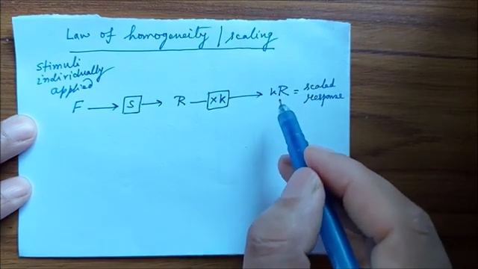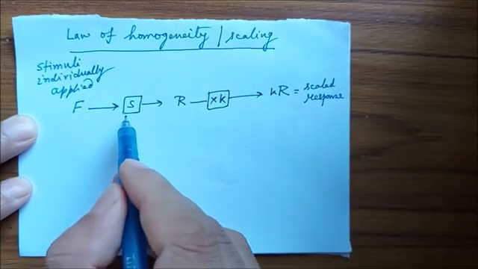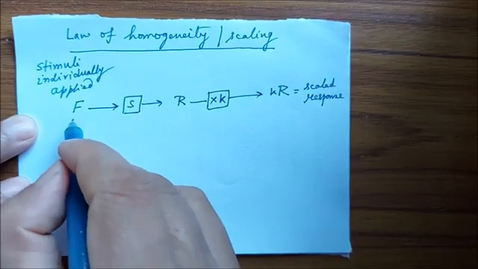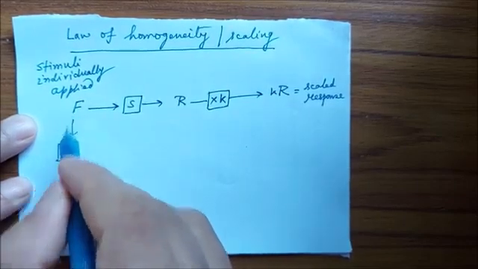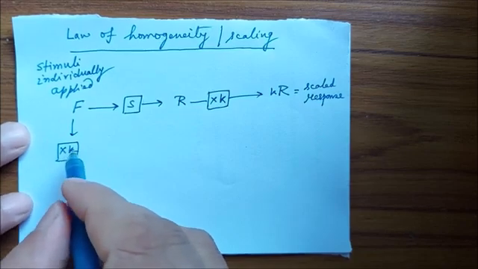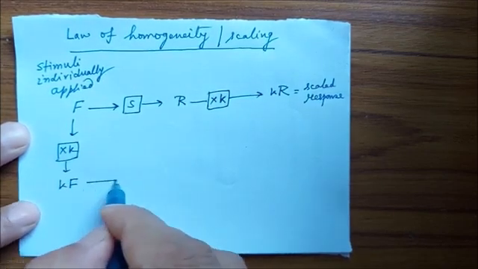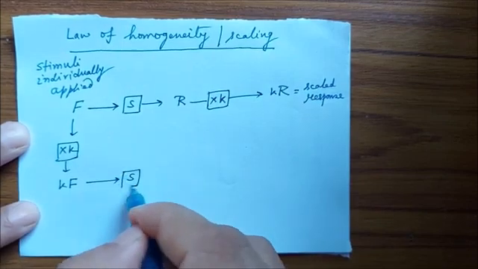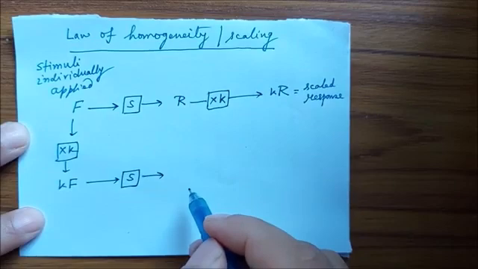And now what we will do is we will scale the stimuli before application to the system. Multiply F by the scaling factor K, and this obviously gives us KF. And now this is introduced to the system. Now what will the response be?